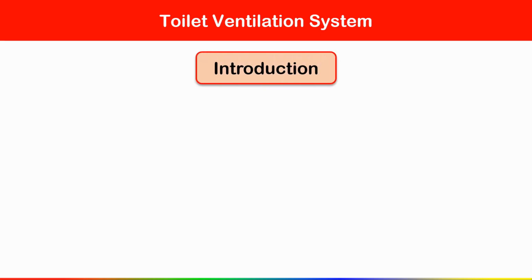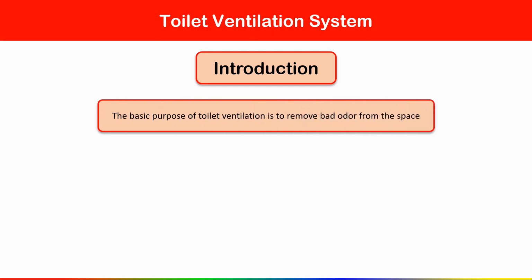Now, what is toilet ventilation system? What is the main purpose of toilet ventilation system? Remember here, the basic purpose of toilet ventilation system is to remove bad odor from the space. Generally in our toilet we have a bad odor, bad smell.